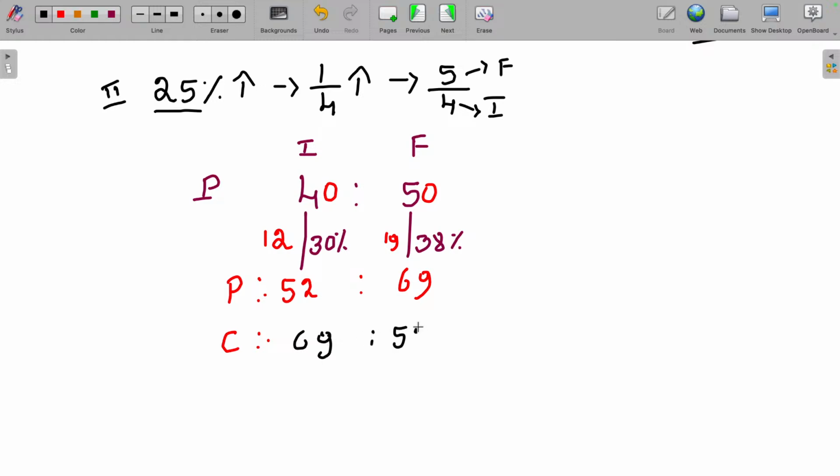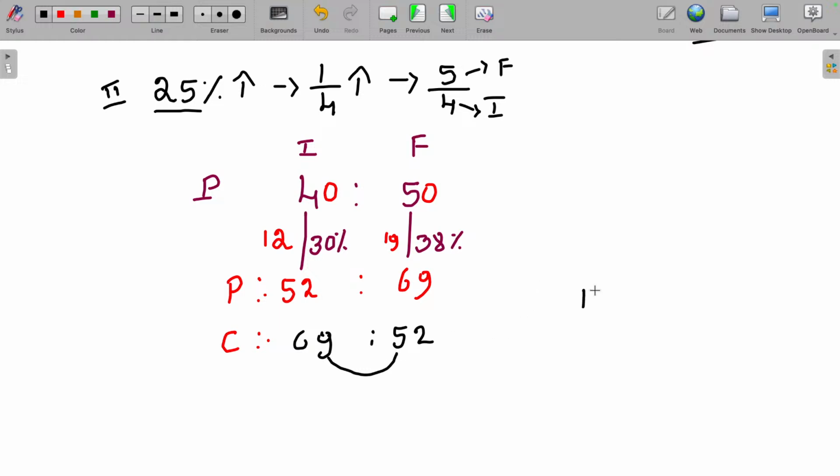Is it clear? In a few lines we can write it instead of the previous method, because in the previous case to make it ratio we have to solve many things. Please reply all YouTube students. Initially consumption is 69, now it is 52, means consumption is reduced by 17.